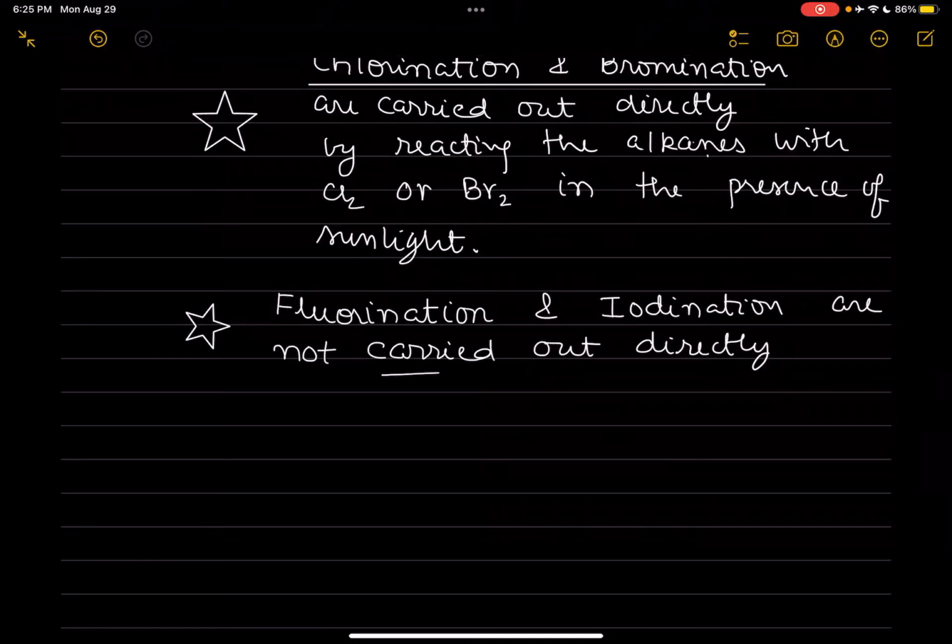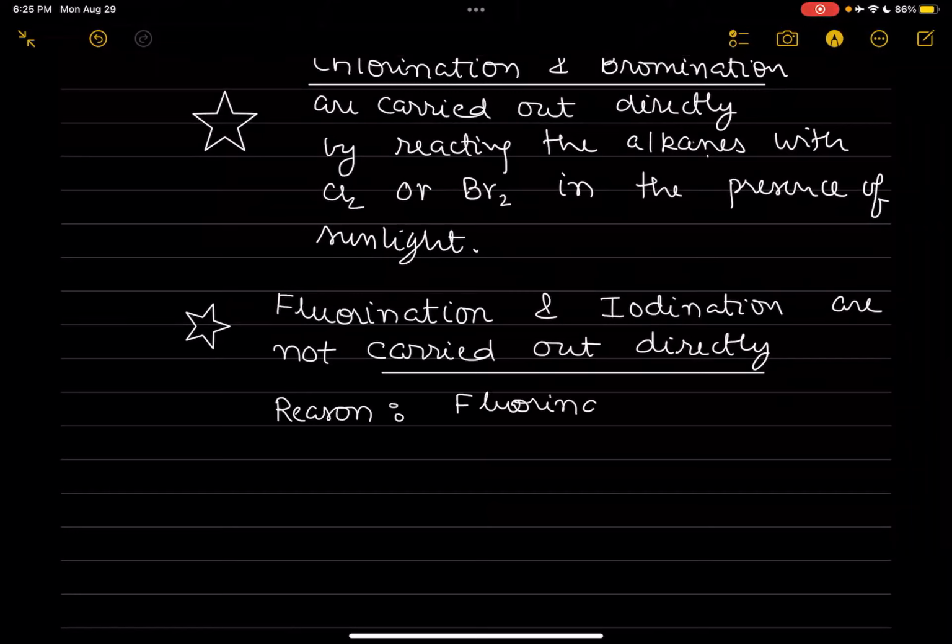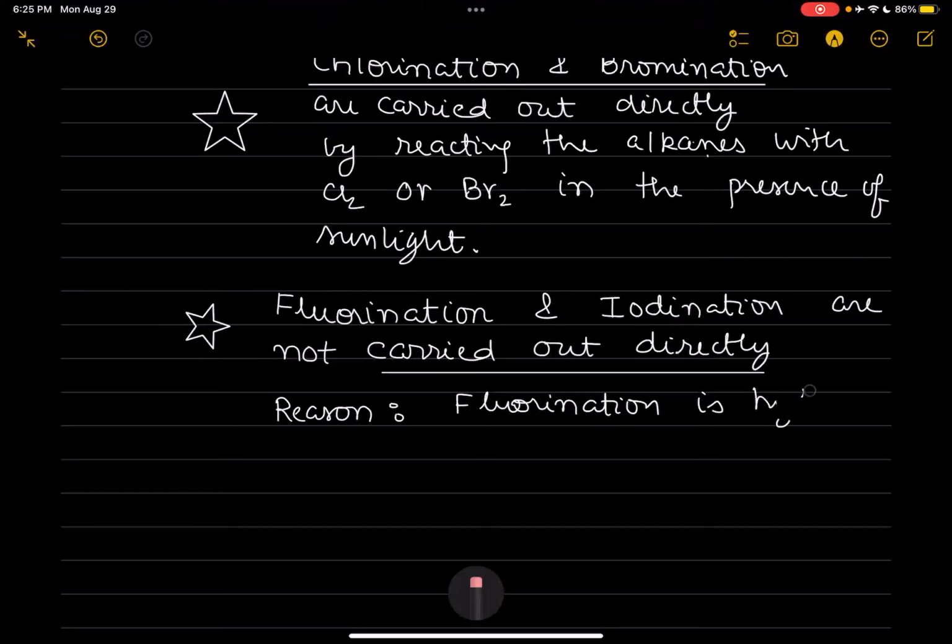The reason is that fluorination involves a lot of heat, and you can't control it.